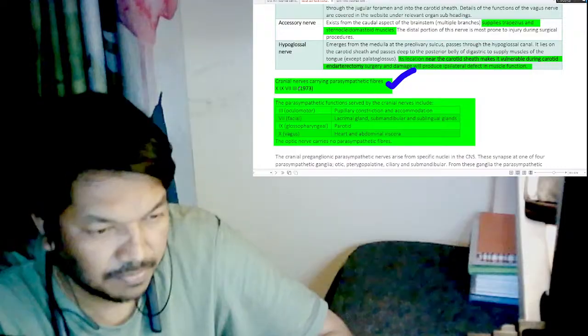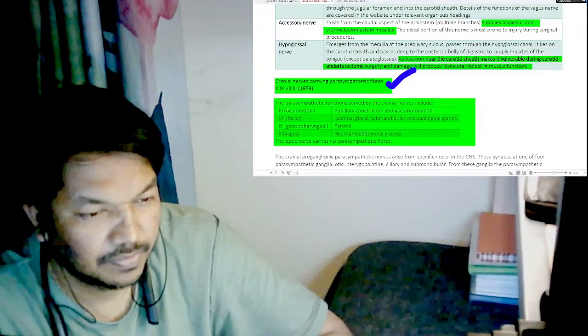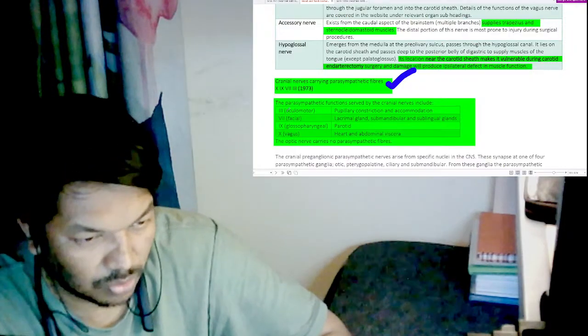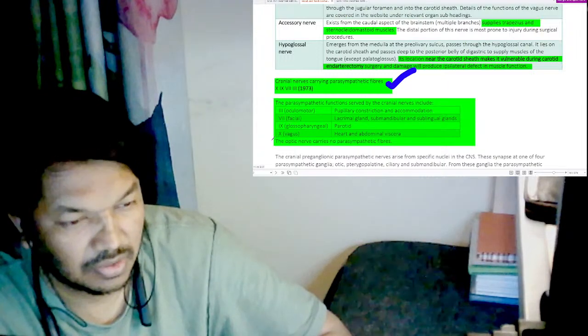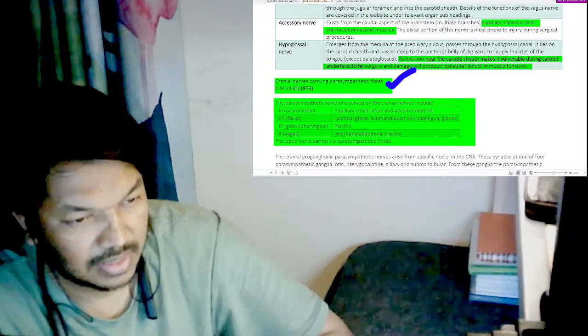Here you can see number 3 oculomotor, facial, glossopharyngeal, and vagus have the parasympathetic fiber.